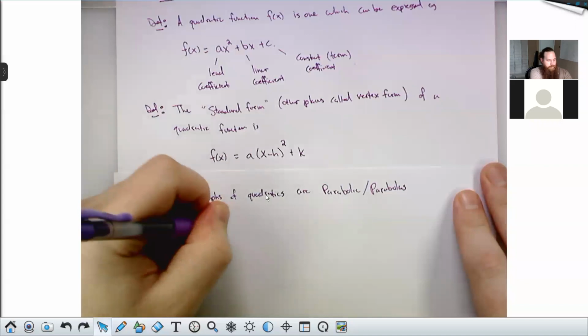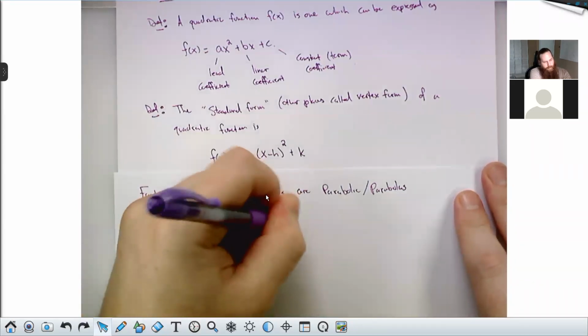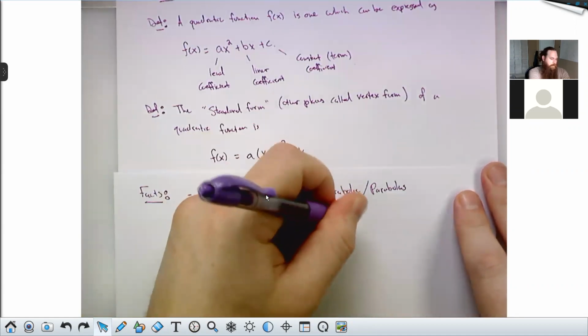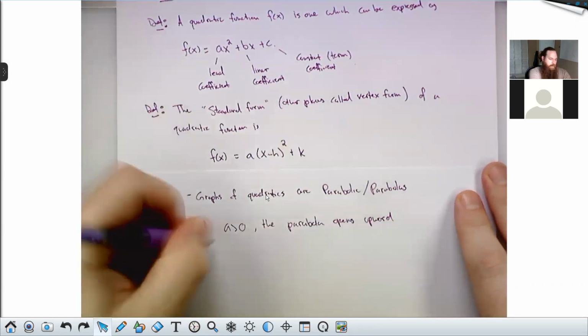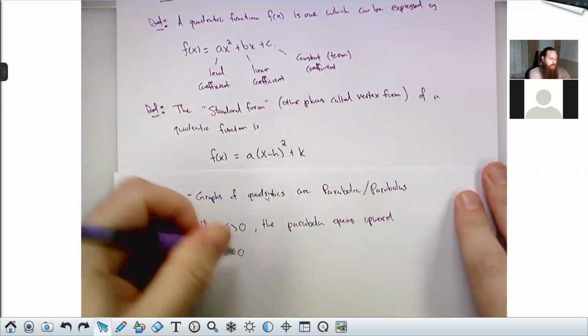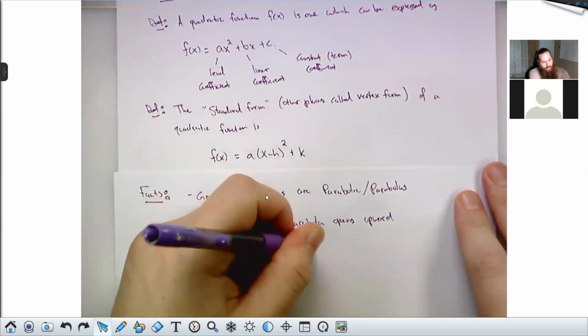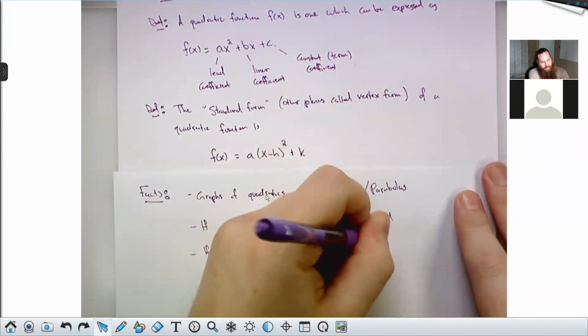If the lead coefficient a is positive, the parabola opens upward. And if a is negative, the parabola opens downward.